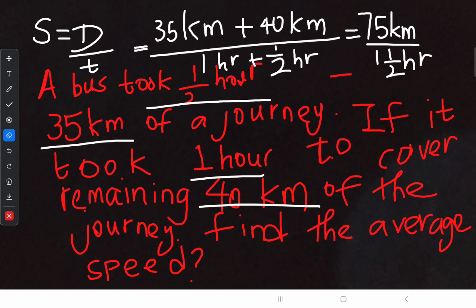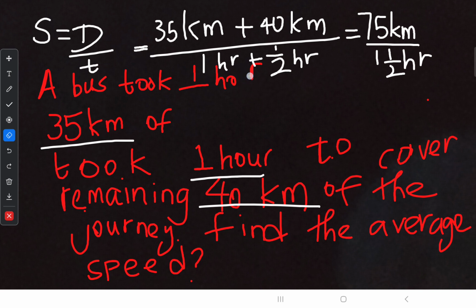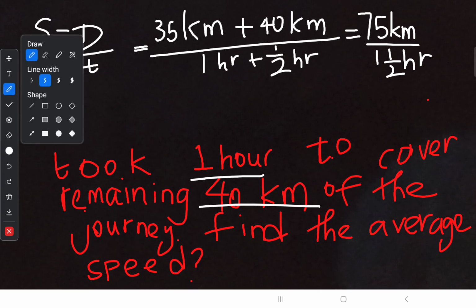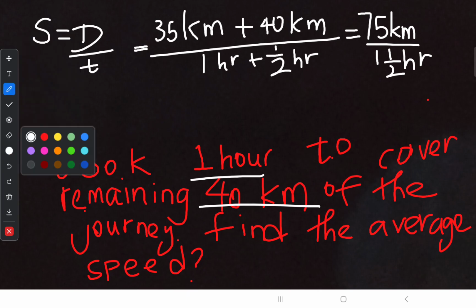That is going to be our velocity. When you divide this, we will receive our average speed. To get our average speed, what do we need to do? Add up the distances, add up the times. That's all. 75 divided by 1.5.